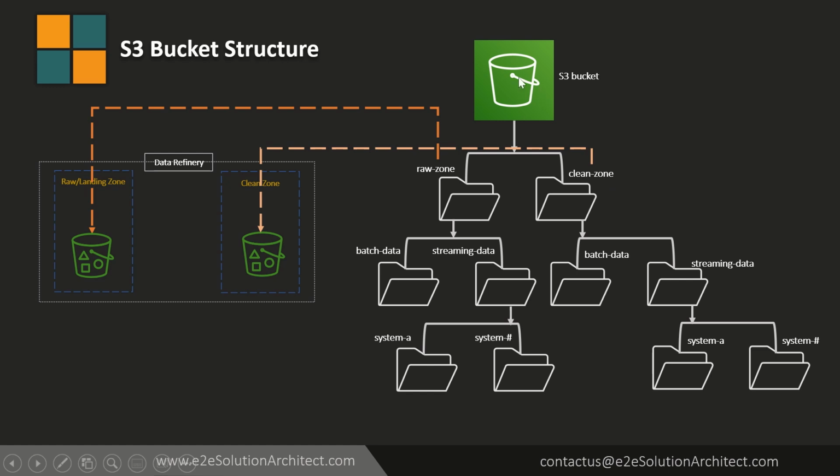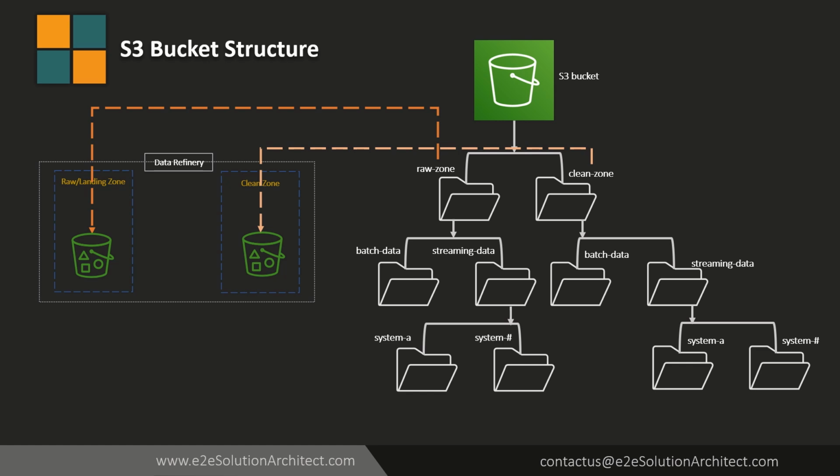Now, raw zone is basically the landing zone. When you are ingesting data files or receiving data from multiple internal or external systems, you are dumping all data in the raw zone at the first point. That is the reason it is called raw zone or landing zone. Now you can divide this raw zone based on the category of data you receive.